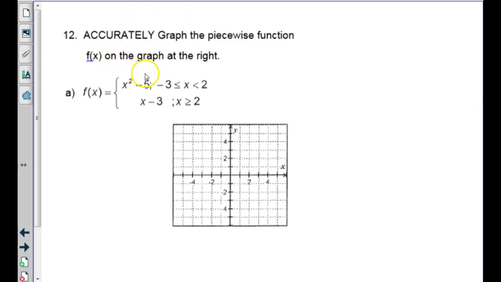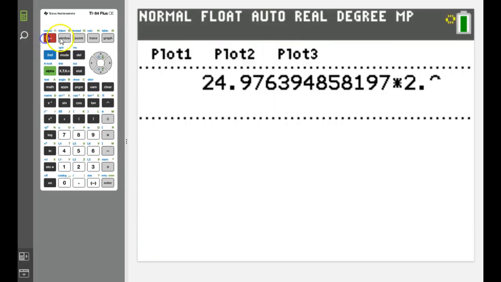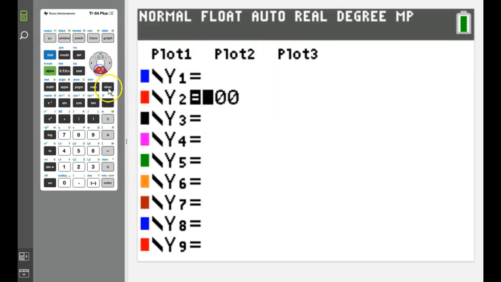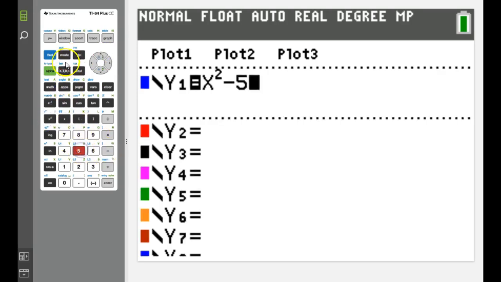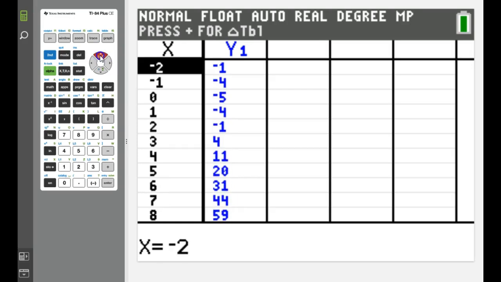A suggestion, could you put this in your calculator? And then graph the points between what? Negative 3 and 2? I could do these faster in my head, but I'm just trying to think how you guys would do this. Make sure your table is on auto. What did it say? Negative 3 and positive 2, right?